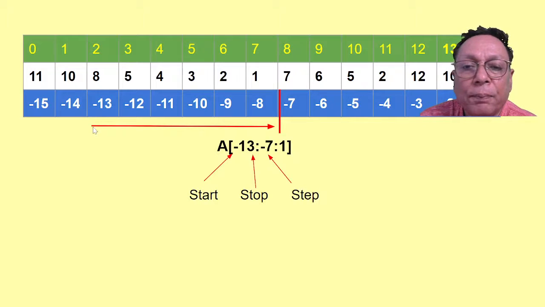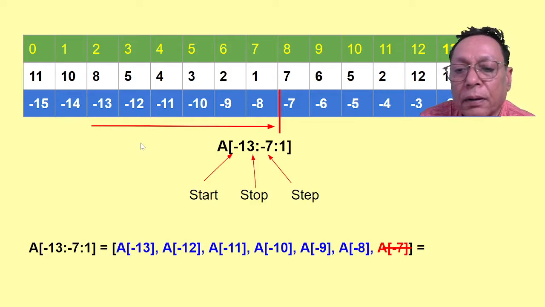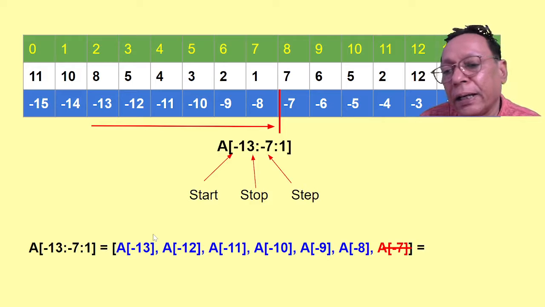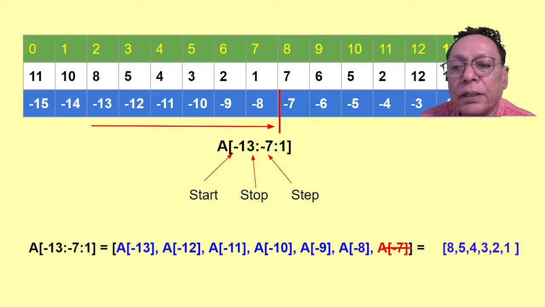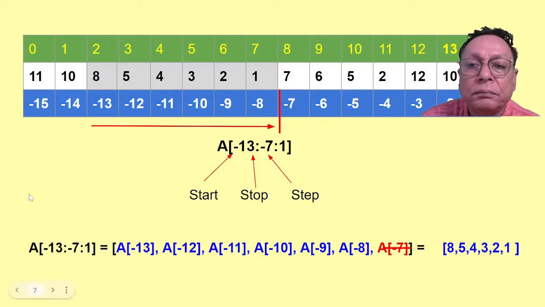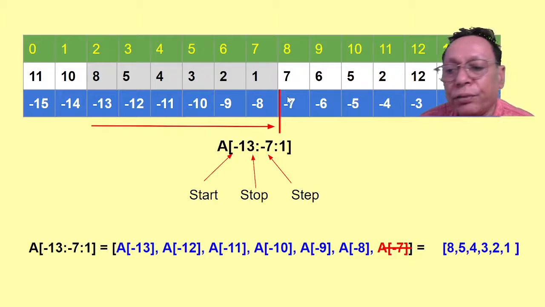So from -13 to -8, there are these values: -13, -12, -11, -10, -9, and -8. And -7 index is excluded. We see that 8, 5, 4, 3, 2, 1 is the slice.